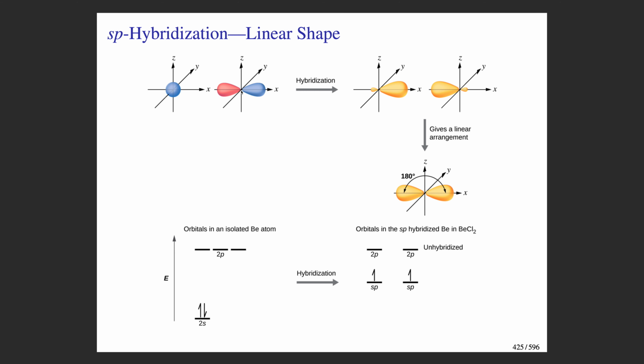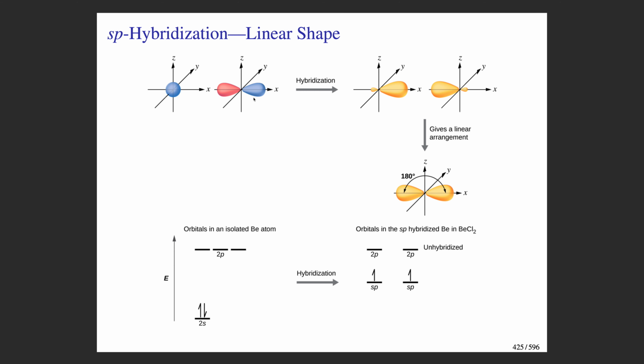Well, when you put these two waves on top of one another, you can add them or subtract them. Okay? If you add them together, it's going to produce this hybrid orbital. Okay? You see that it has a large lobe that points along the x-axis. If you subtract this orbital from that orbital, right, you can constructively or destructively add the waves together.